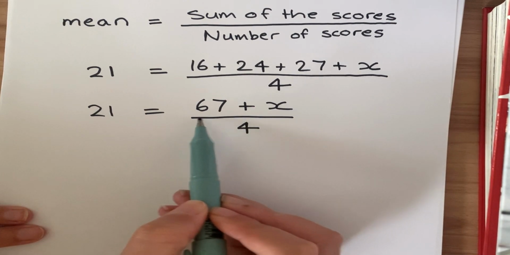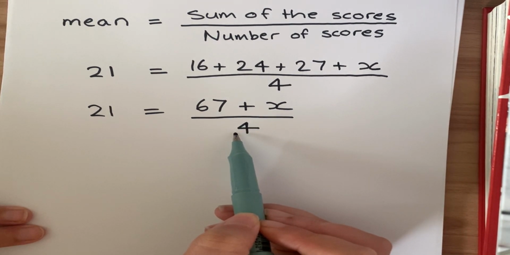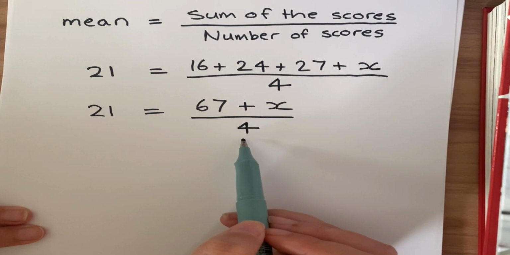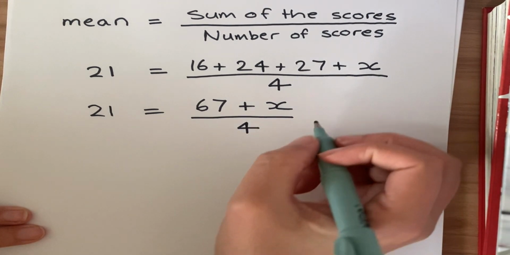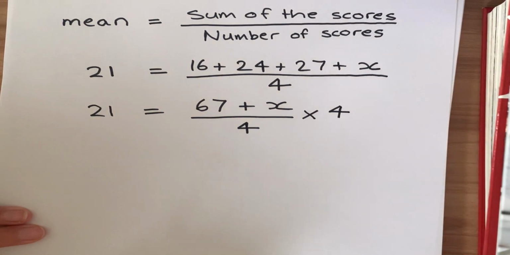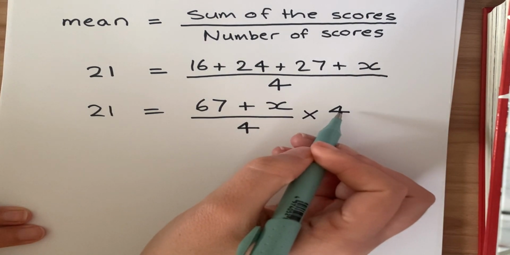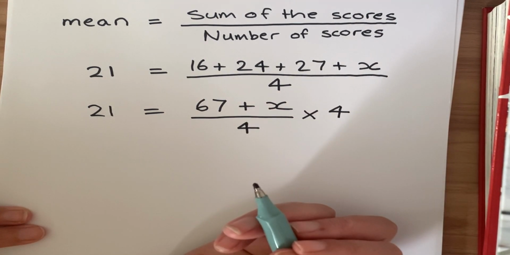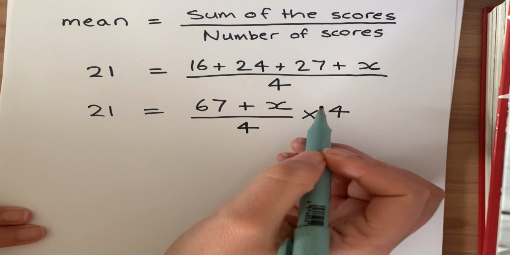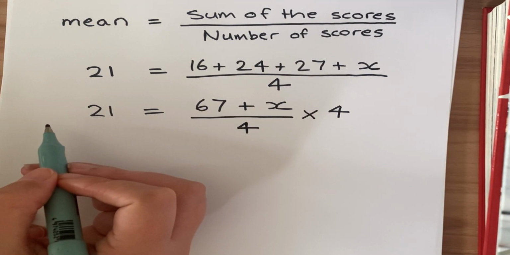Now this is like a division by 4. So the inverse operation to division is multiplication. So if I multiply by 4, that's going to get rid of that 4 on the bottom, because 4 divided by 4 is just 1. So that's going to cancel out. But if I multiply this side by 4, I can't just leave this side because then it won't make sense anymore.